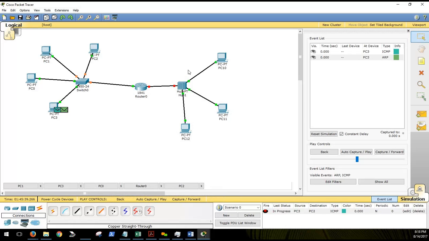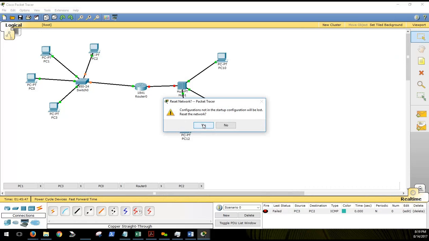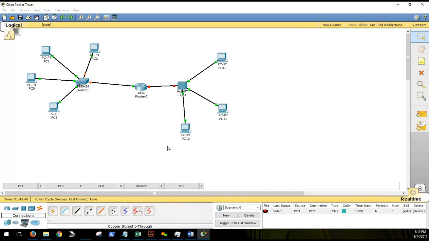The first time it broadcasted out to everybody, but the second time it learns where it is, and then it sends it out just to PC2. Okay, hold on one second. I got to restart this thing because it's jammed. Let me cycle this. Restart everything.